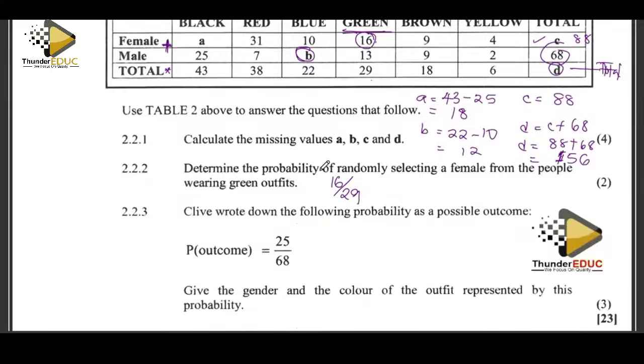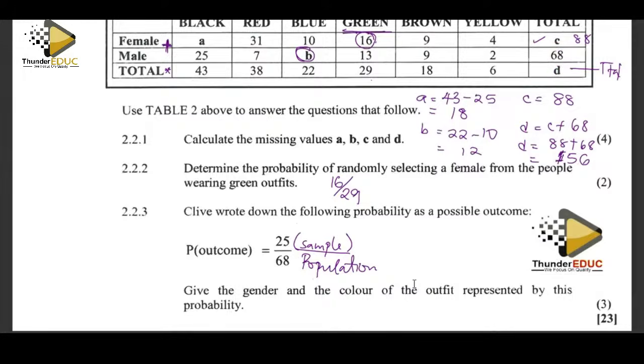Clive wrote down the following probability as a possible outcome. It says outcome, so give the gender and the color. Now, ask yourself, this is what? Sample over what we call the population. So which total do we have here?